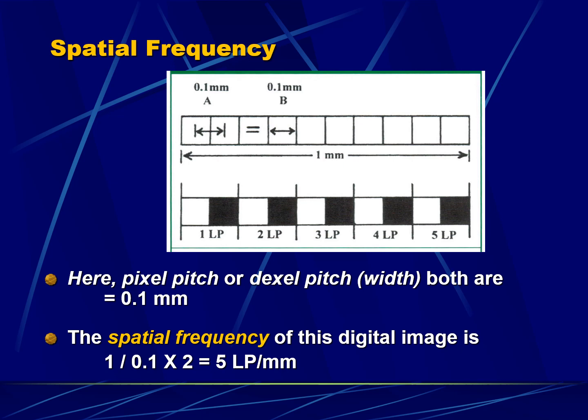This shows you how spatial frequency is indeed expressed as line pairs per millimeter, because pixel pitch or Dexel pitch both are 0.1 millimeter. And so if you color one in white and the other one black, and then do the same again, white, then black, alternating white, black, white, black, depending upon which color you're focusing on, it's going to appear that you have 5 black stripes in 1 millimeter and 5 white stripes in 1 millimeter.